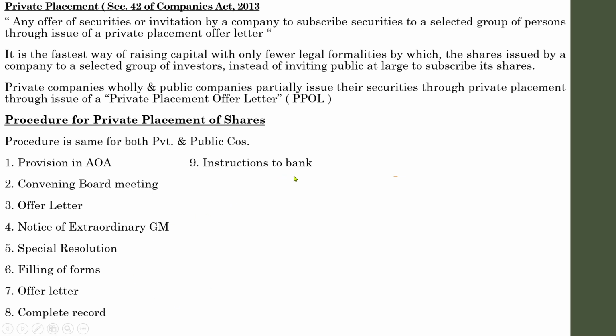Once necessary instructions are given to the bank, next the company must confirm consent from allottees. That means the company must make sure whether the letters from all proposed allottees, giving consent to subscribe to the issue, are received or not.